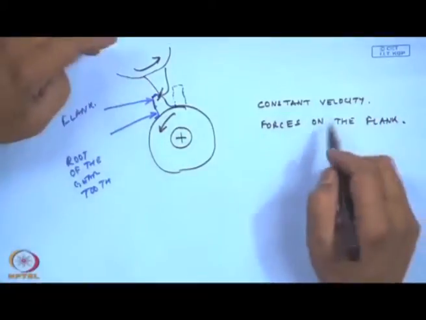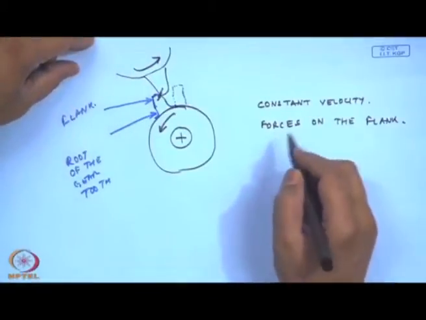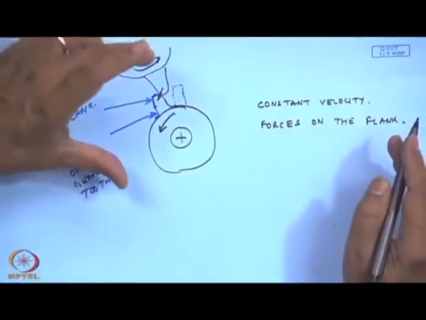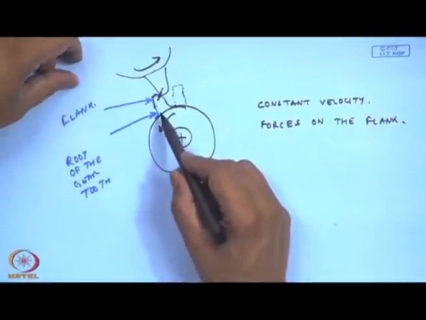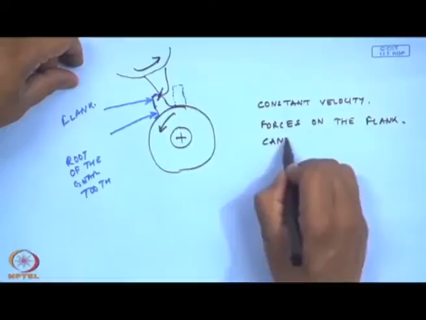So, there are a lot of metal to metal contacts between the gear teeth. So, for a gear to be strong enough, this tooth is also behaving like a cantilever beam.